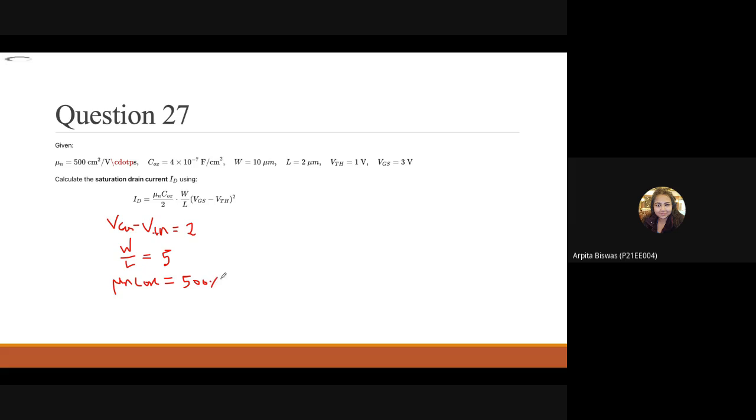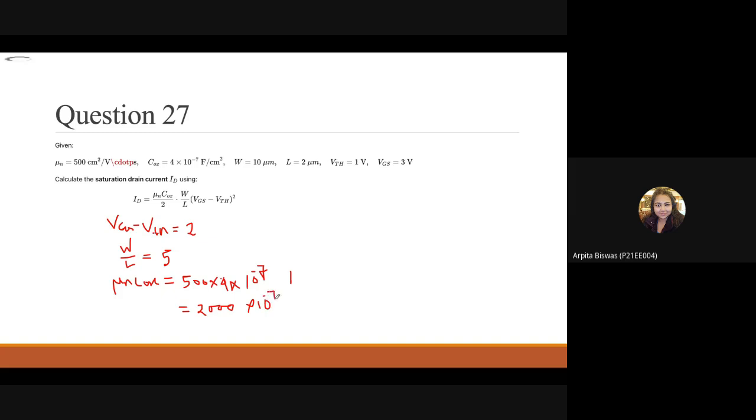It is 4 into 10 to the power minus 7. So what is the value of it? This is 2000 into 10 to the power minus 7.